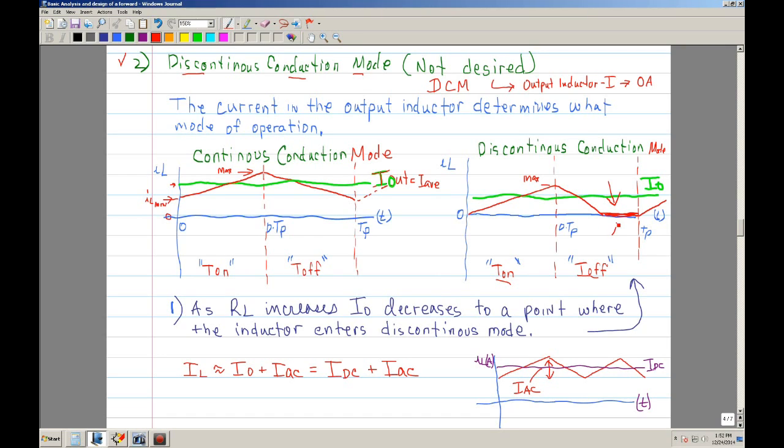So during this time, there's 0 current, no current in the inductor. And typically this is bad for us when you're designing a forward or a buck, because when you enter discontinuous conduction mode, you get a phenomenon where you peak detect.